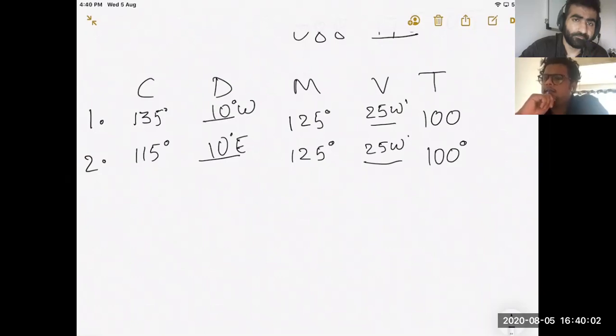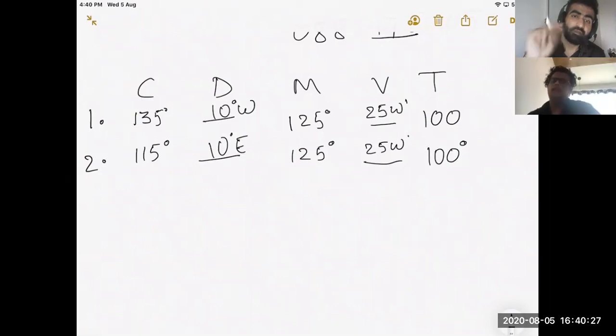You're forgetting CDMVT. Deviation will be between compass and magnetic, and variation is between magnetic and true. Yes, yes.